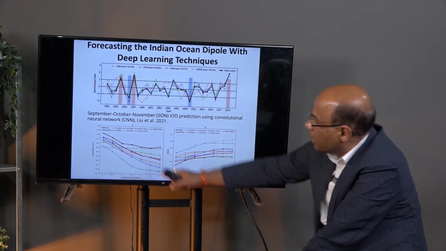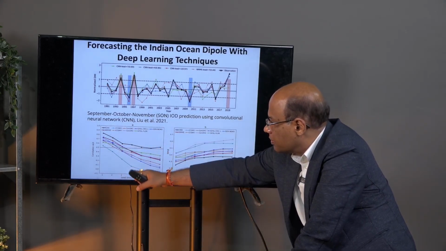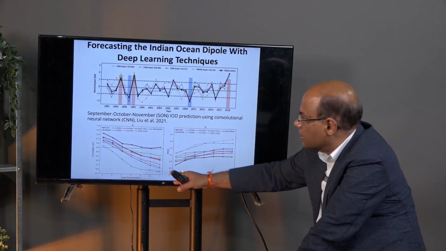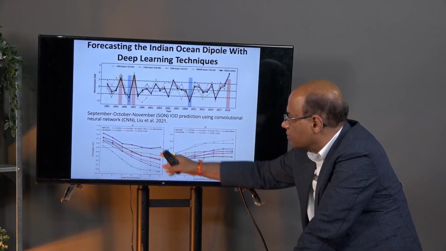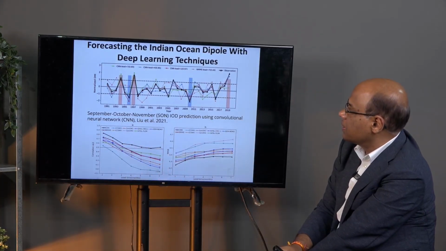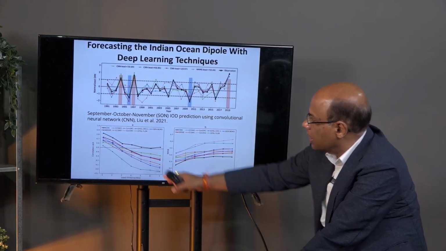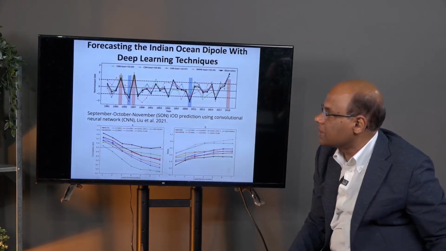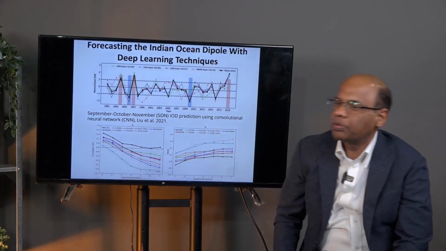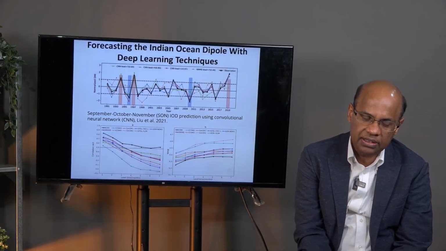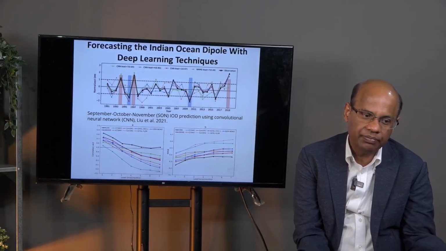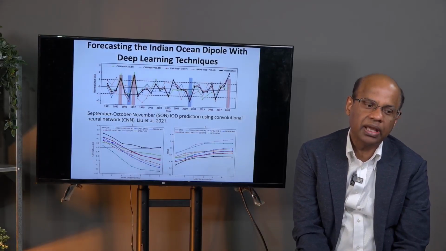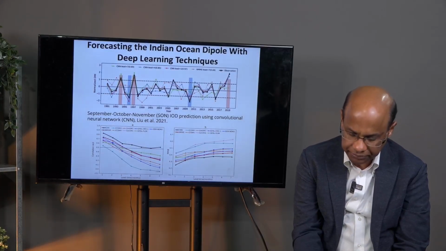You can see that the black line is far above them beyond 3 months lead time. So, at 3 to 7 months lead time, the CNN model was doing far better than any of the dynamical models. This gives us hope that we can improve the Indian Ocean dipole predictions by using ANN, CNN and other AI deep learning techniques.